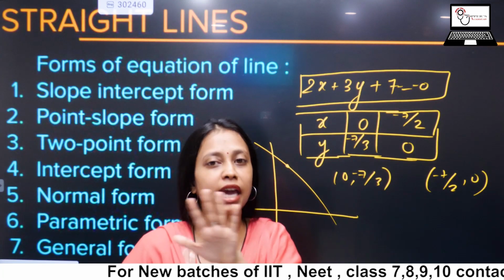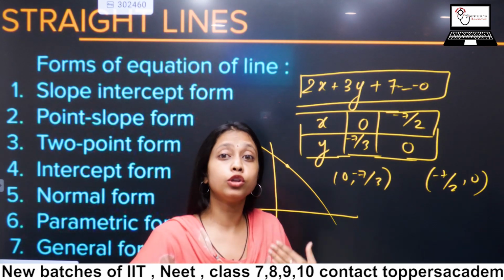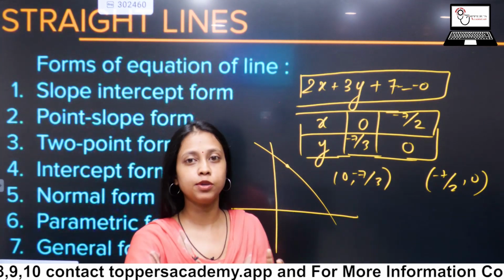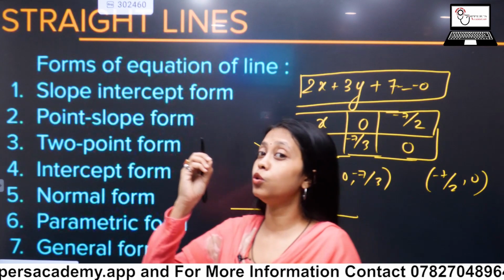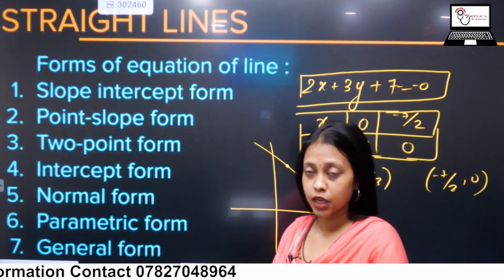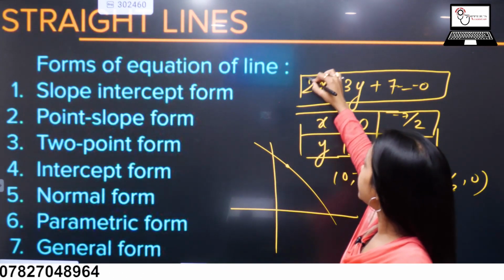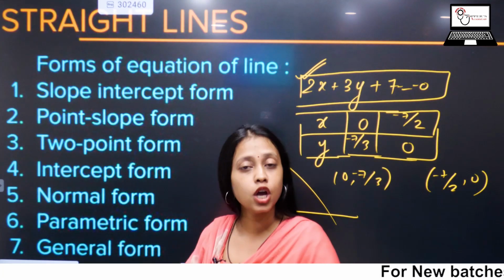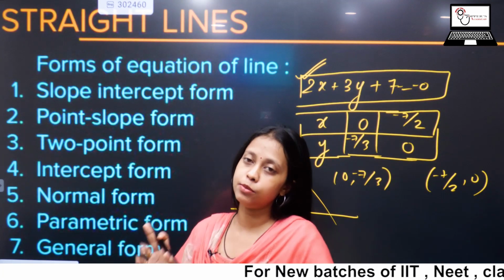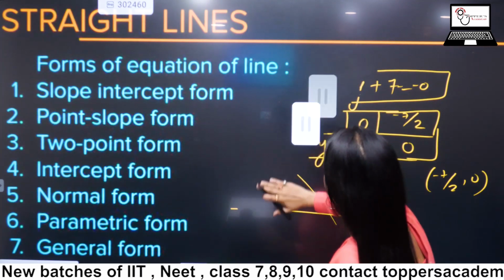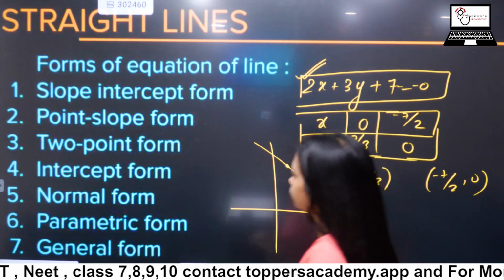I am not going to tell you a different equation. The equation will always be this, but how you write it gives these forms. The basic idea is still the same: ax plus by plus c is equal to 0, where a and b cannot be 0, 0 simultaneously.